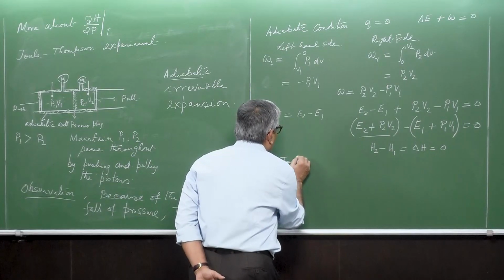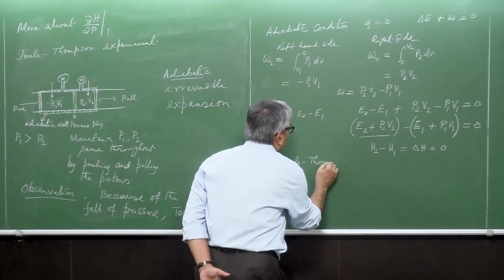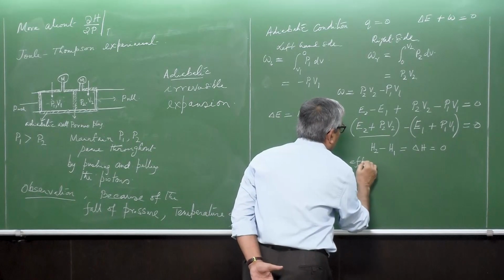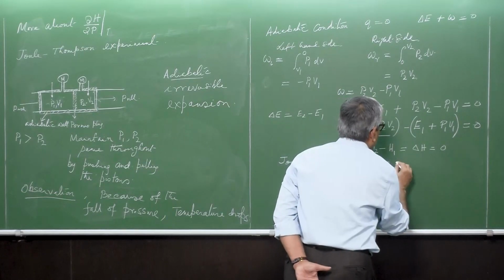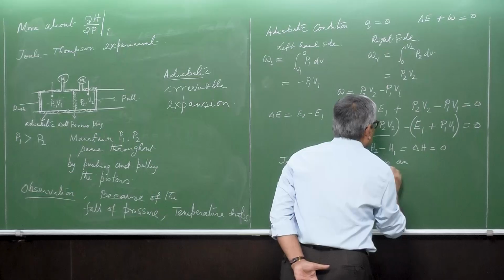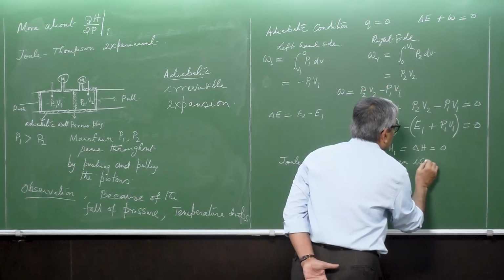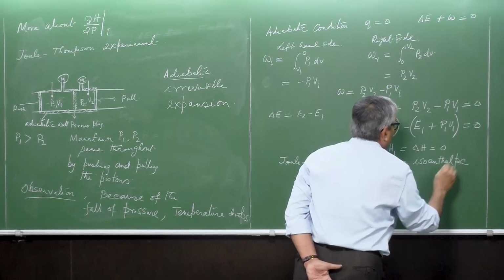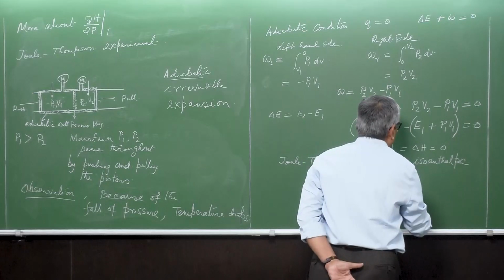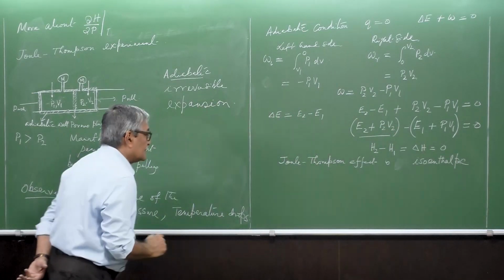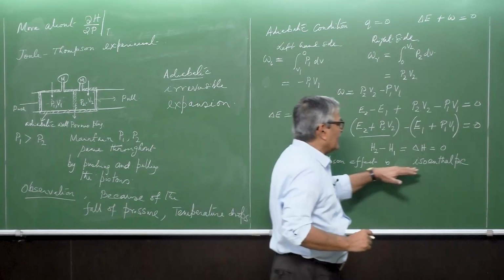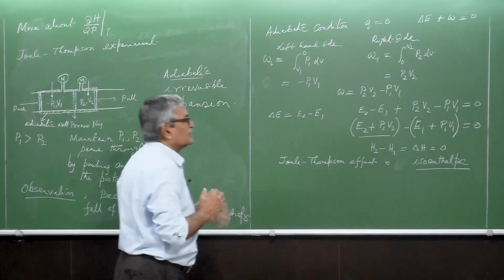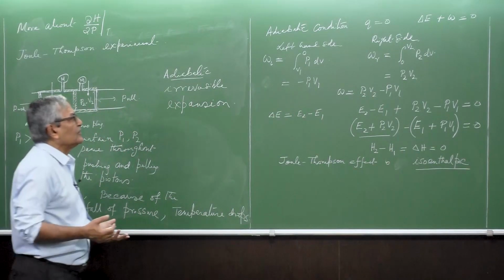The Joule-Thompson effect, or Joule-Thompson process, is an isoenthalpic process. That is an interesting thing, because in the process enthalpy does not change. That means dH equal to 0.